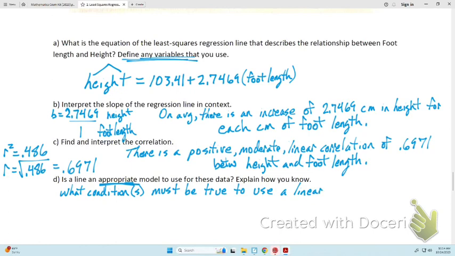Like, that's another way they could phrase this. It's the same question. Is a linear model appropriate?